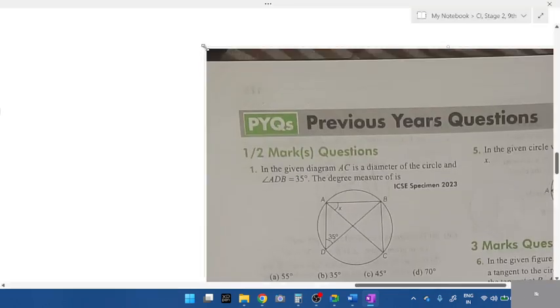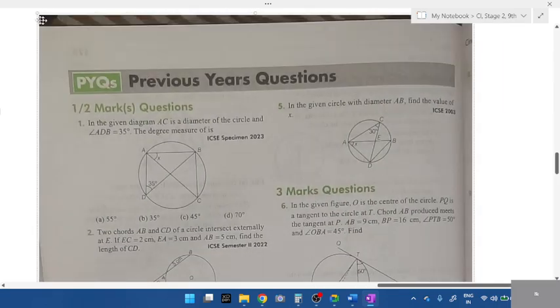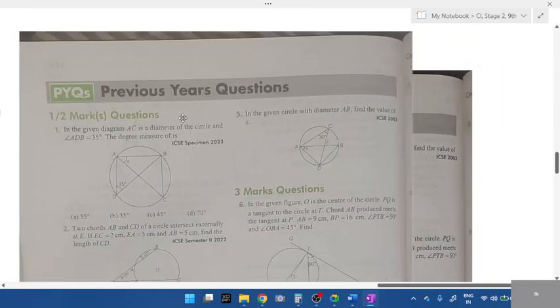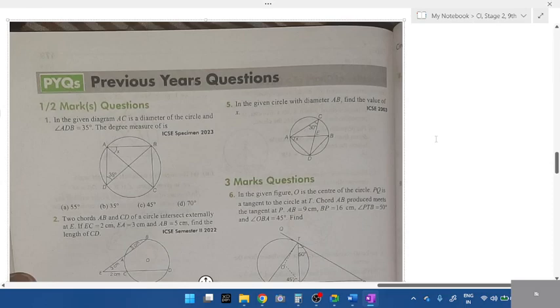Read the question in the given diagram. 35 degrees. AC is the diameter. Okay? AC is the diameter. So let me solve this, students. Shall I solve? You all didn't try? Semicircle is 90.